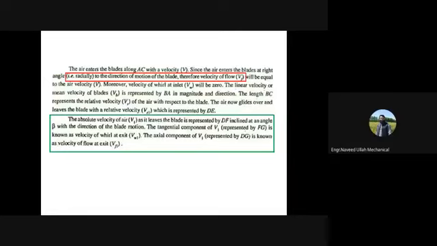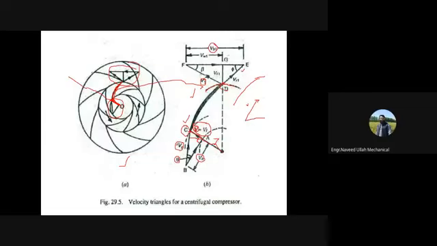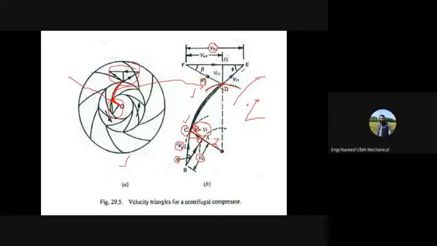The linear velocity or mean velocity of the blade VB is represented by BA in this diagram. BA is your blade velocity, and the length BC represents the relative velocity, right? The vectorial difference of VB and V is your VR, right?